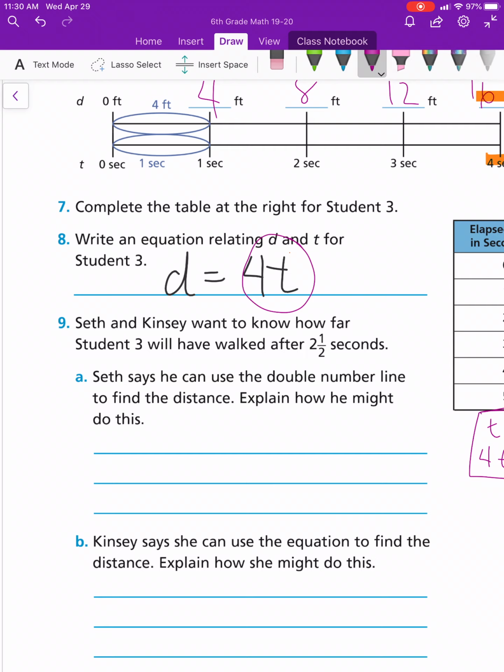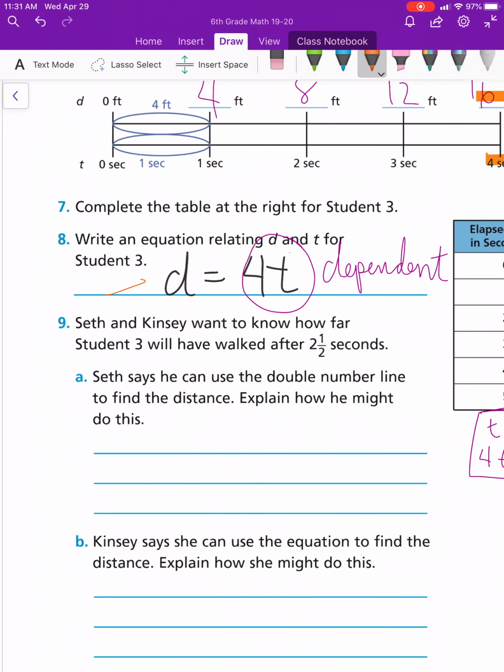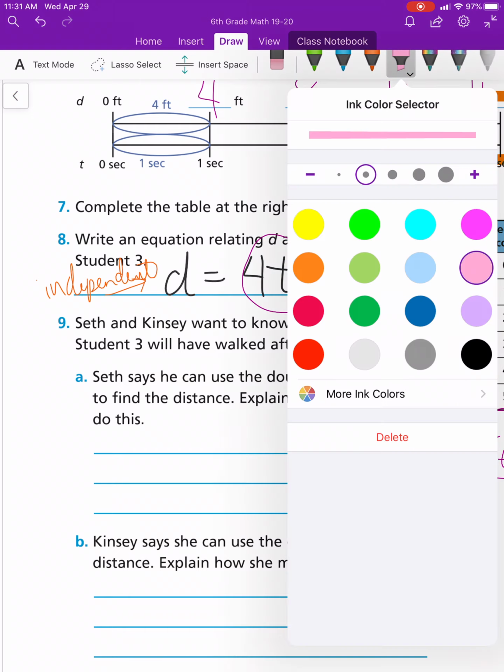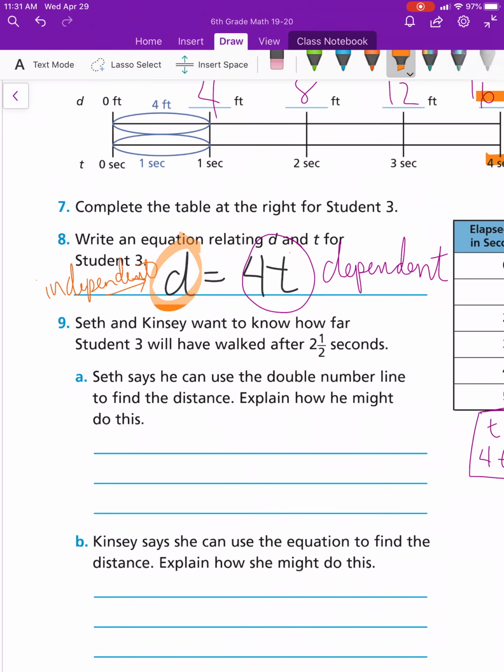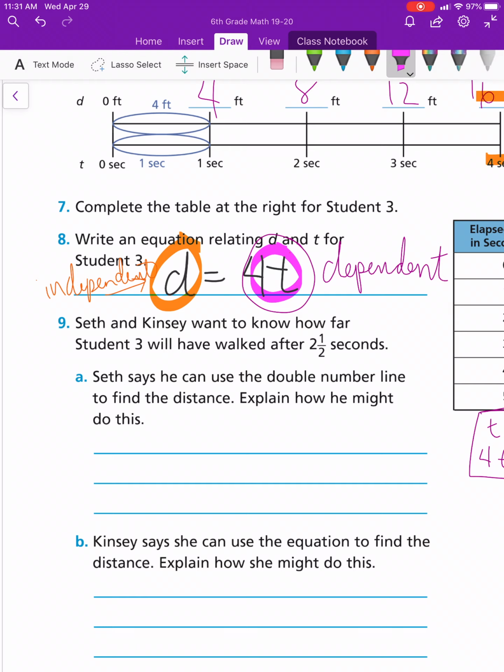These are my dependent variables, and these are my independent, because it's not changing. I'm going to highlight it with orange, and I'm going to highlight this one with magenta or purple so that we can tell that's how it is.